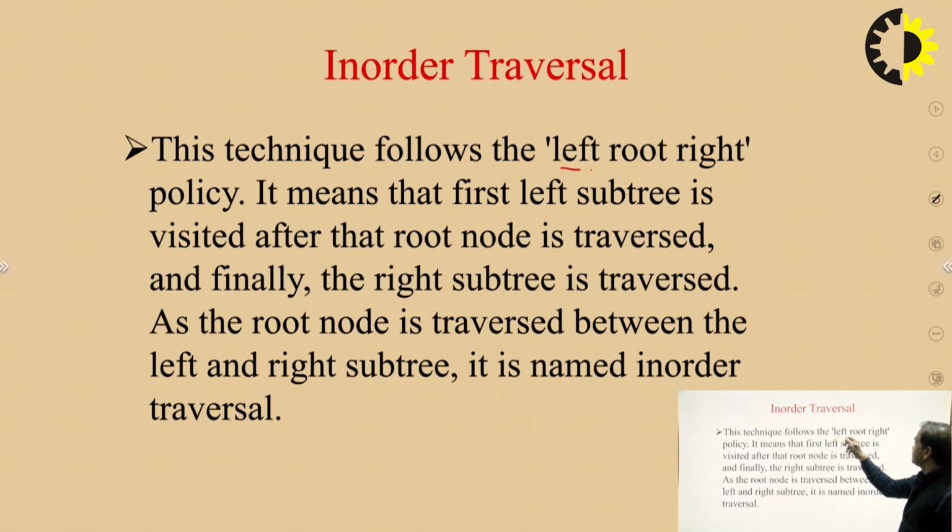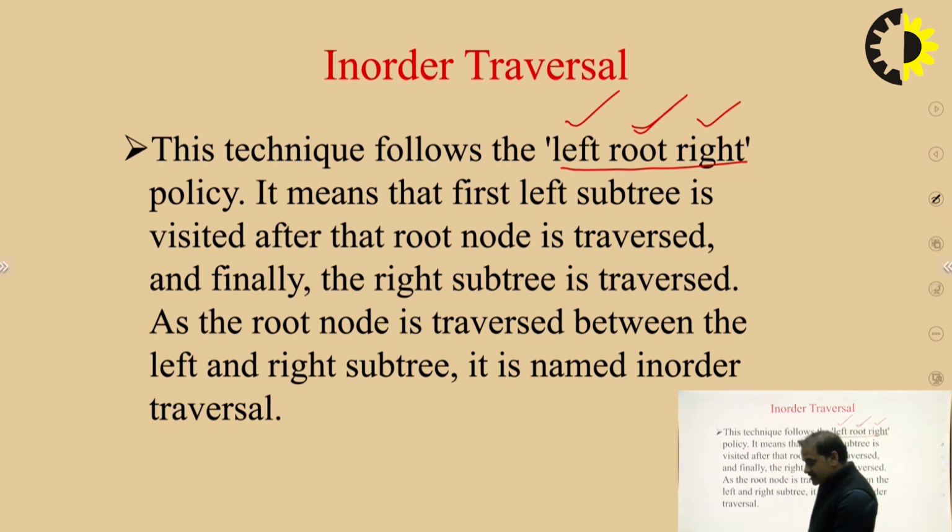These are the keywords. First we traverse left, then root, then right. The policy means that first the left subtree is visited, after that the node is traversed, and finally the right subtree is traversed. As the root node is traversed between the left and right subtree, it is named in order traversal.